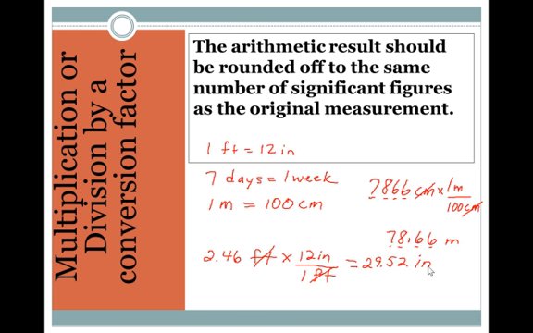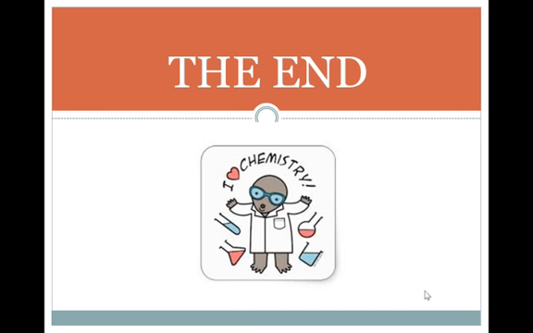Now, let me count. I have 3 significant digits in my measurement, so I better keep 3 significant digits in my answer. Now, it has 4 right now, so I'm going to round that to 29.5 inches. The end.